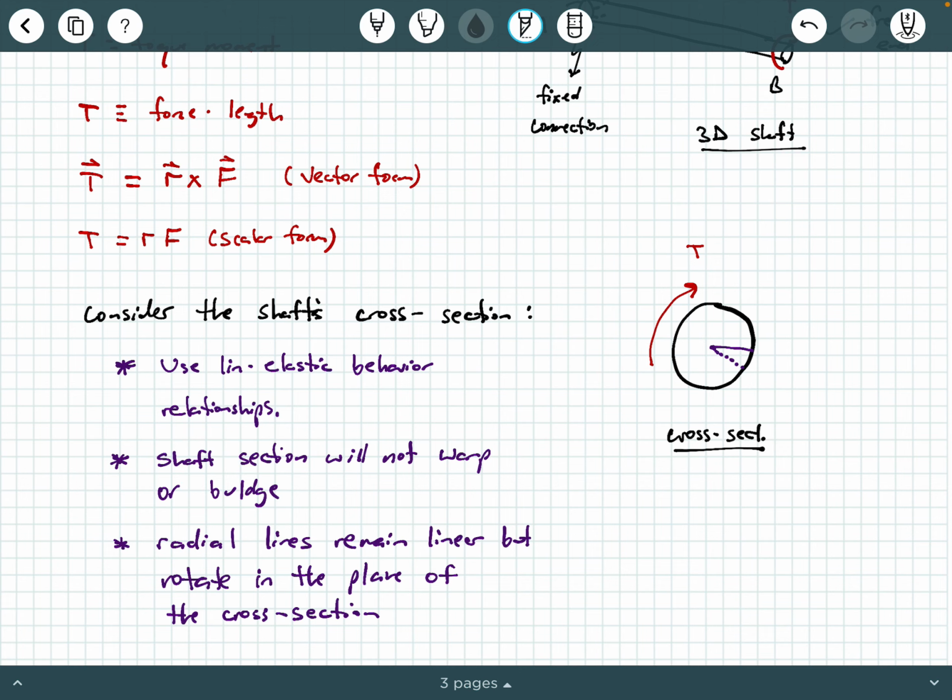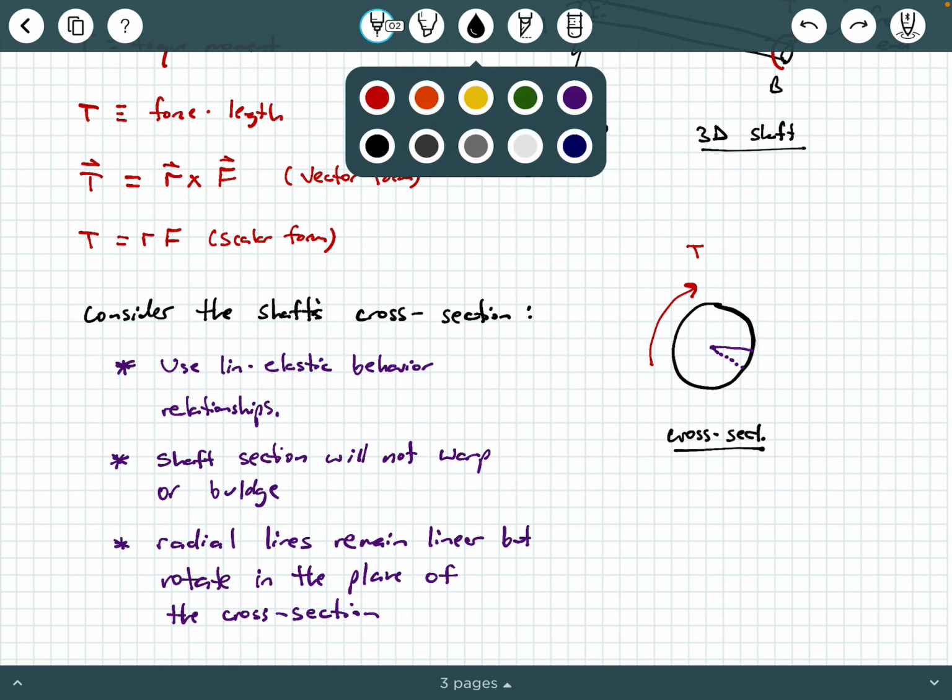Well, what if you're given some kind of force at the edge of the shaft and you want to calculate this torque moment that we've drawn here? Well, we can make a little note here.